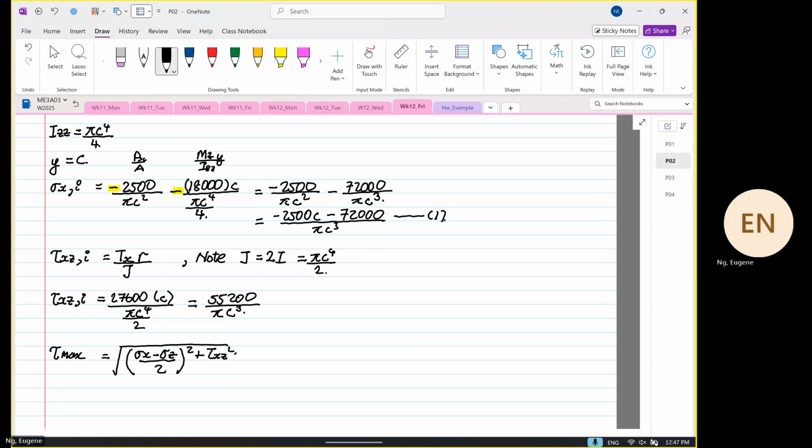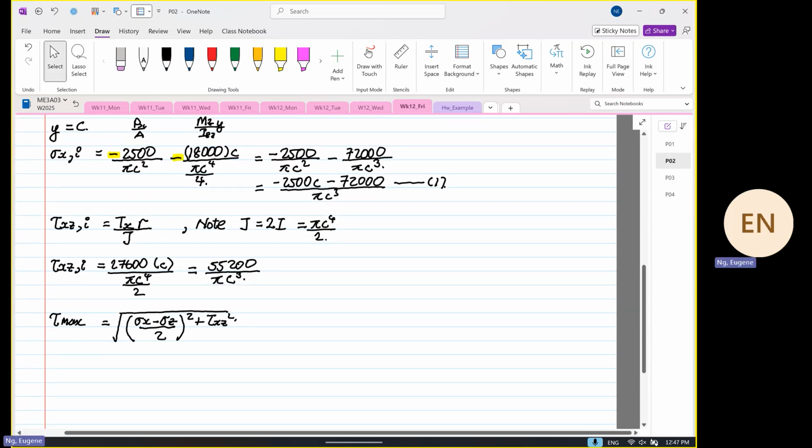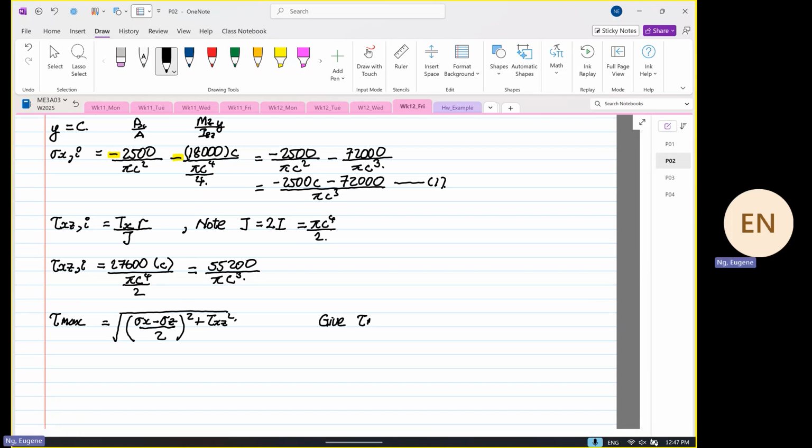We were given that tau max is equal to 50 times 10 to the power 3 psi.